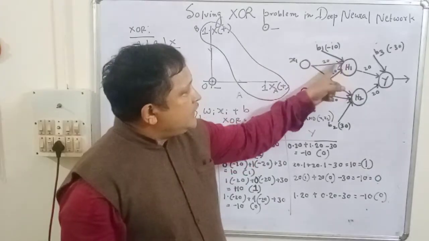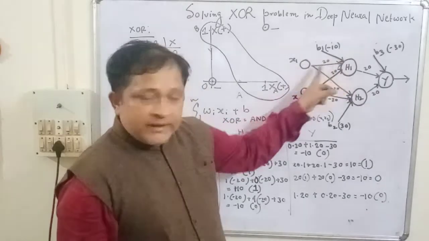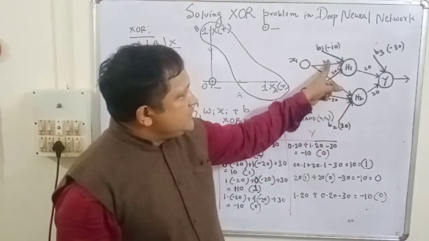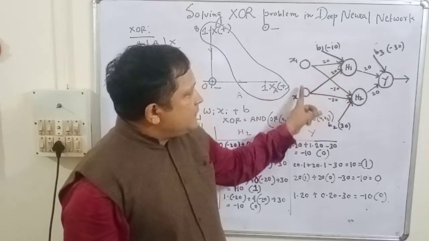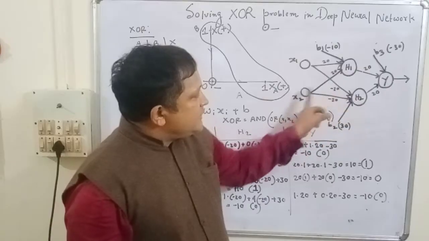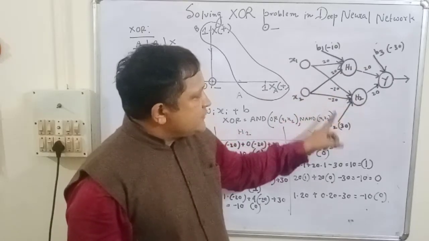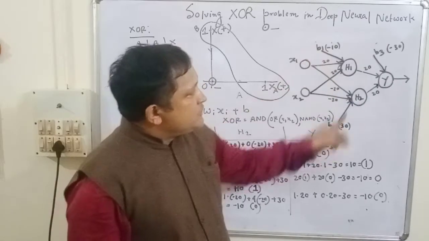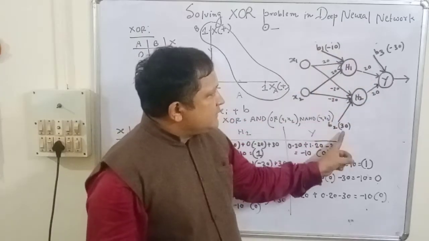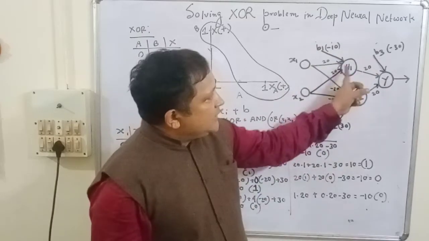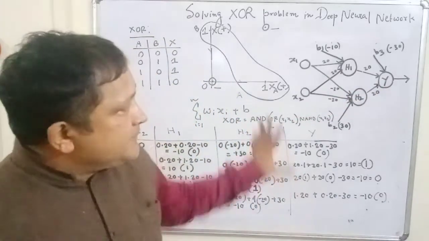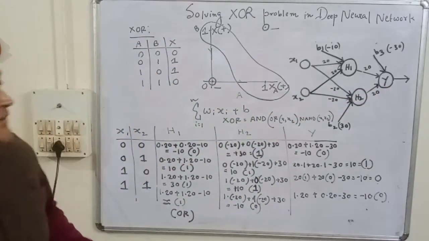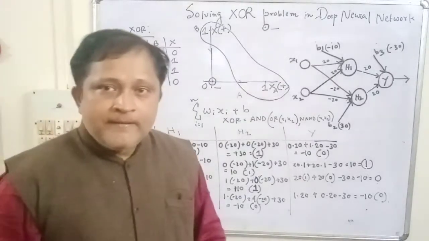From the input layer to the hidden layer, the connections have weights like 20 from x1 to h1, 20 from x2 to h1, minus 20 from x1 to h2, minus 20 from x2 to h2. Biases b1, b2 and b3 are minus 10, 30, minus 30, and the weights of the output edges are 20 each. Now this is a simple neural network. We have assumed the weights and the bias values.